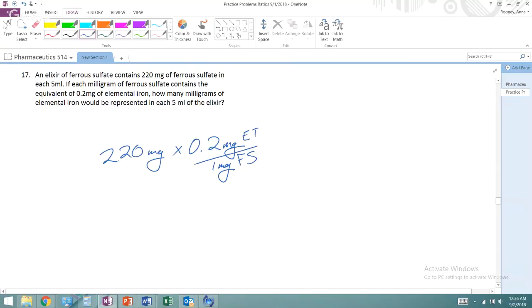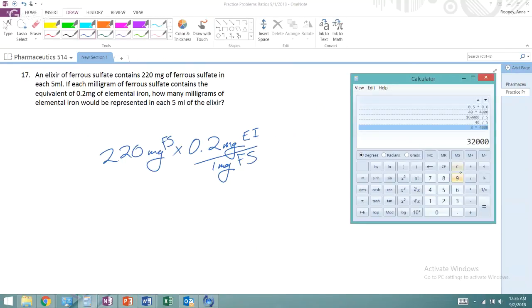So this is elemental iron, and this is ferrous sulfate. So then this would eliminate the milligrams. So 220 times 0.2, 44.